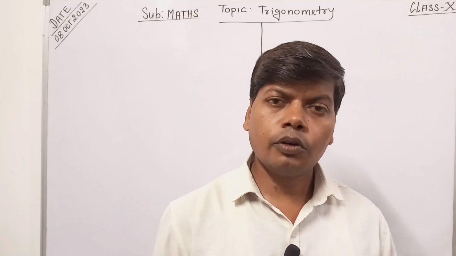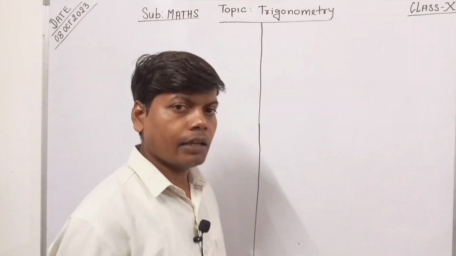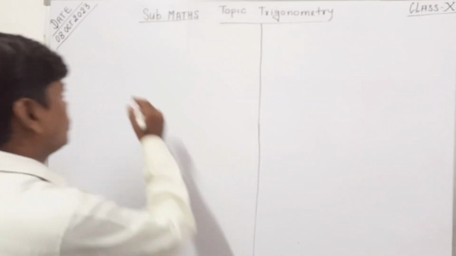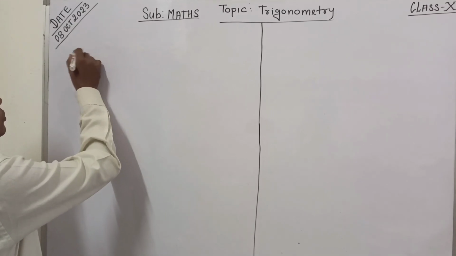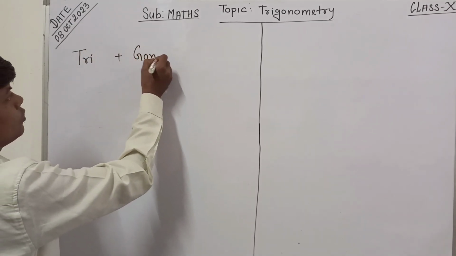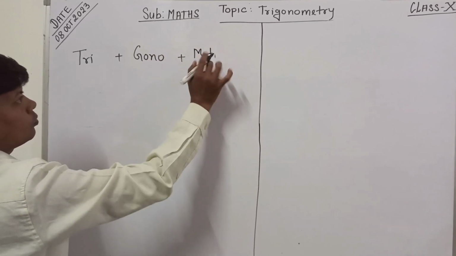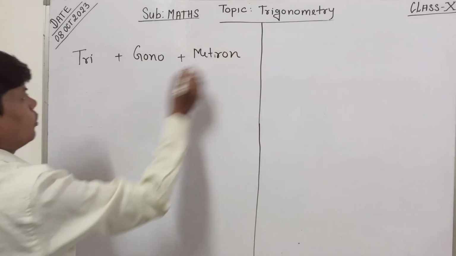Trigonometry. Trigonometry is derived from three Greek words: trigonometro.